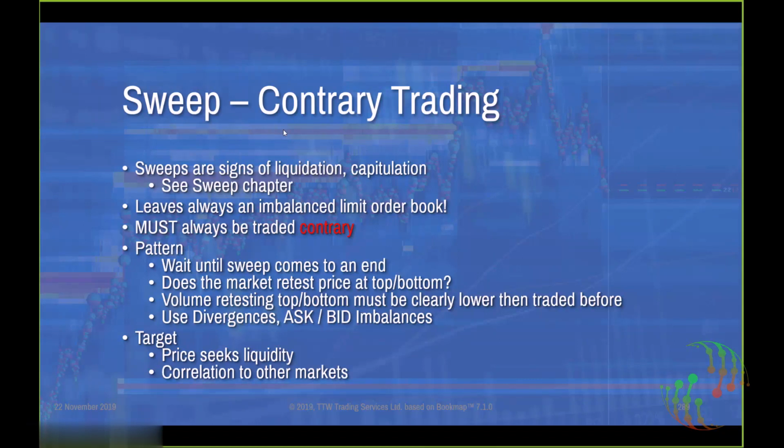As we discussed, it always leaves an imbalanced limit order book. This imbalanced limit order book means that it should come back into balance. As we agreed, and I think you understood it extremely well, it must always be traded contrary.